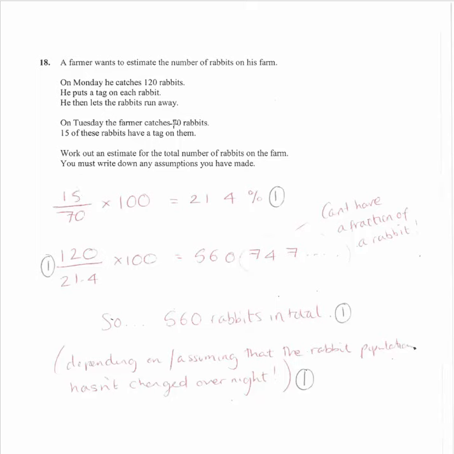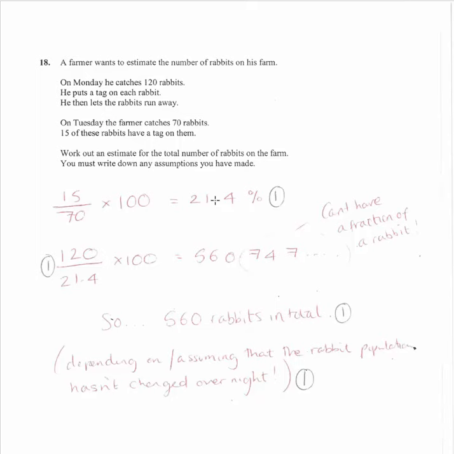When he caught the 70 rabbits next time, 15 rabbits have a tag on them. Obviously he's got to work out how many rabbits there are in total. Well, 15 out of 70 is 21%. So basically he caught 21% of the rabbits he tagged before.